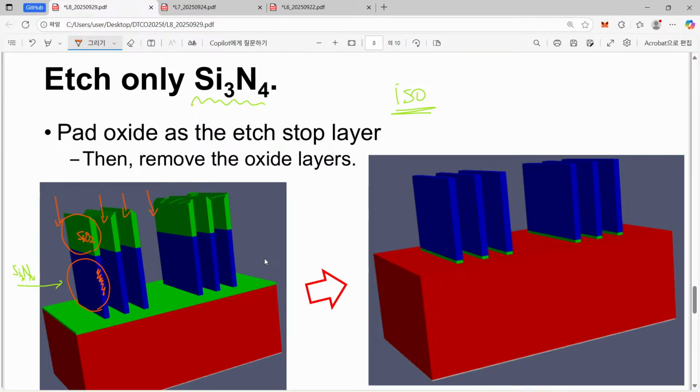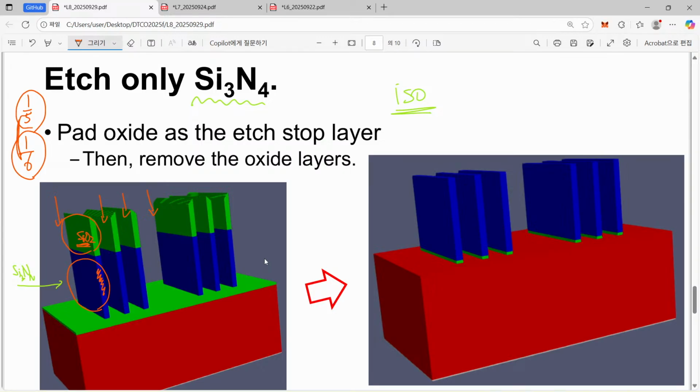Of course, another question is, now you say that silicon dioxide is just left here as a mask. However, unfortunately, the selectivity between silicon nitride and silicon dioxide is not exactly 1:0. If you have a certain etchant which can etch your silicon nitride, then usually you have some etch rate for silicon dioxide too.